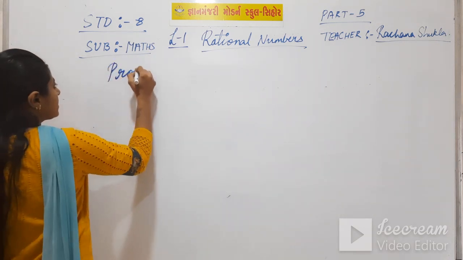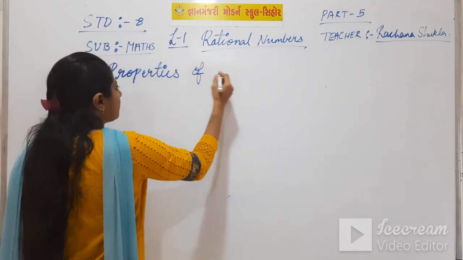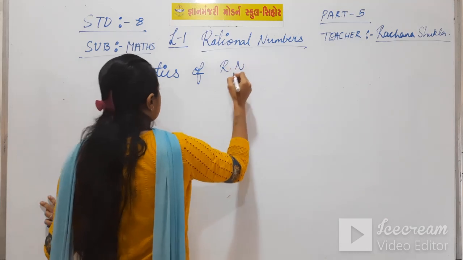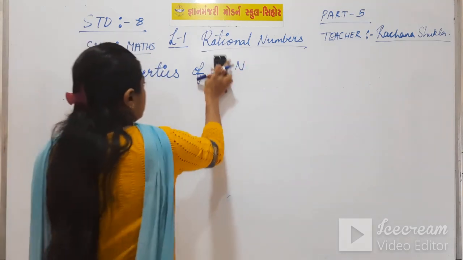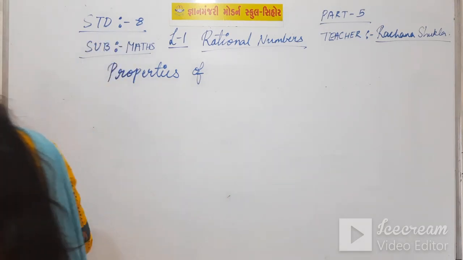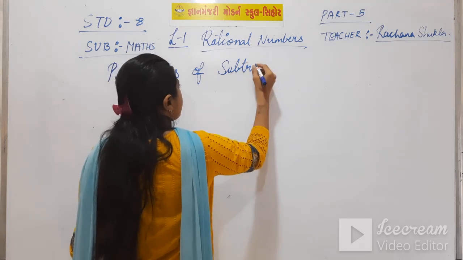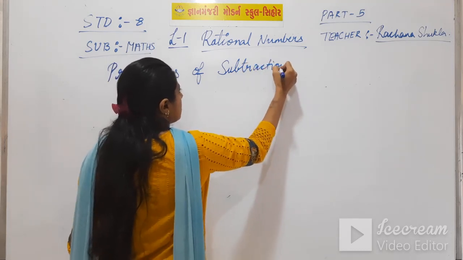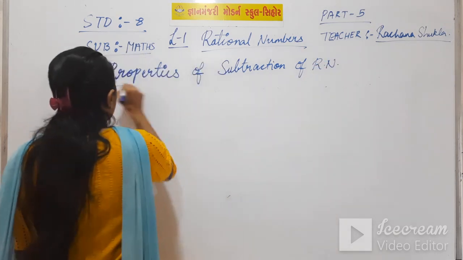The topic is properties of rational numbers. Properties of subtraction of rational numbers.